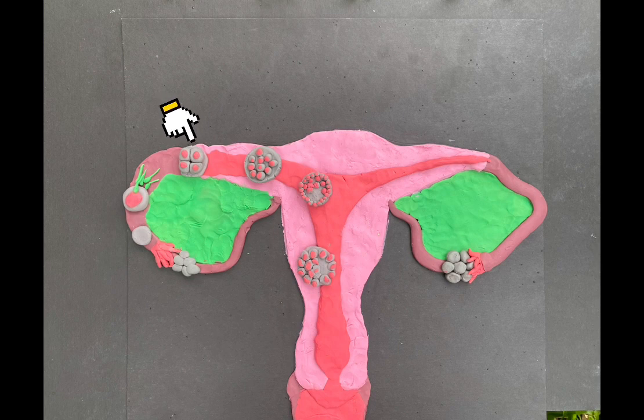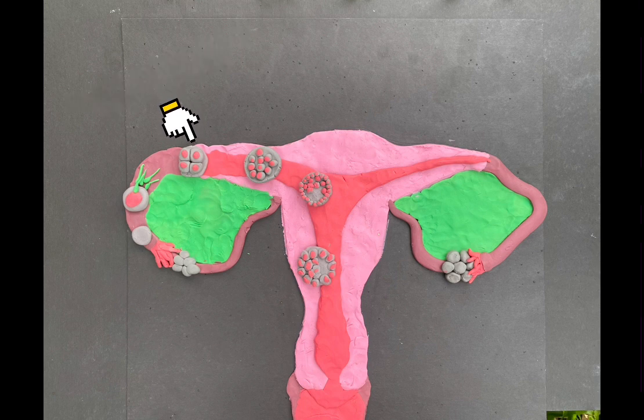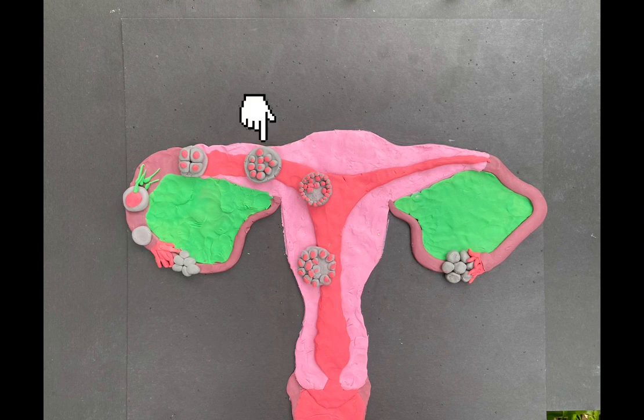Okay, the next step is what we call the four-cell embryo, or the four-cell stage. This is the result of the second cleavage event and occurs at approximately 40 hours after fertilization. The third step is a morula.